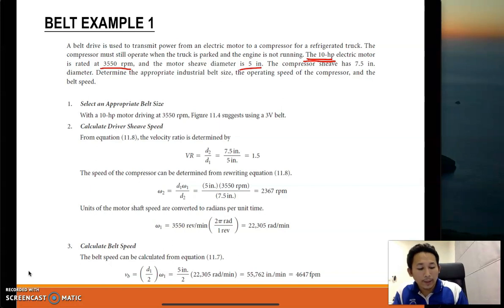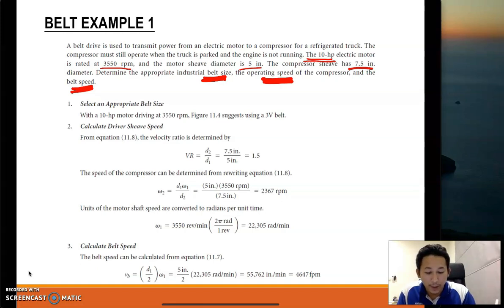The compressor shaft has 7.5 inch diameter. Determine the appropriate industrial belt size, the operating speed of the compressor, and the belt speed. So we have 3 things to calculate.